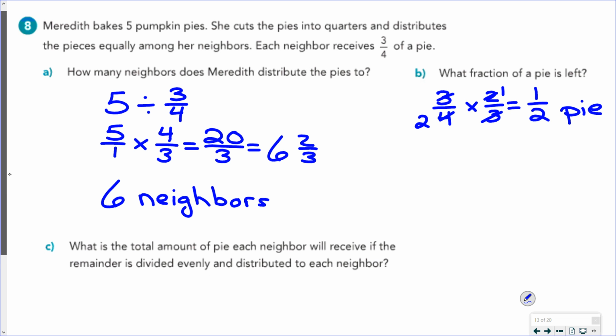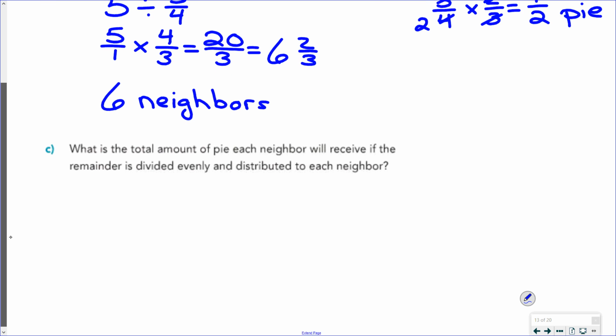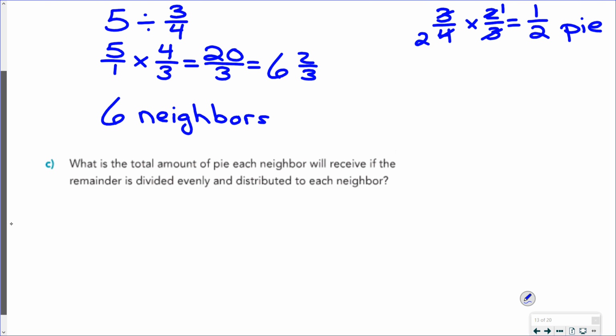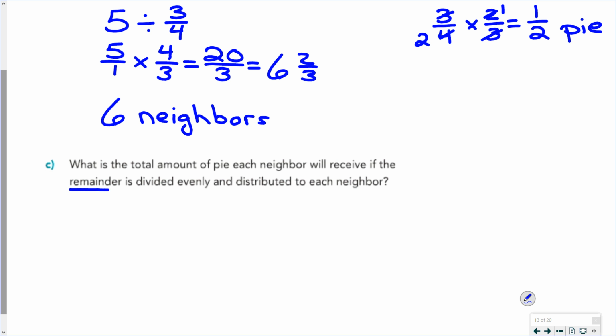And then I need to scroll down once again to answer part C. What is the total amount of pie each neighbor will receive if the remainder, so our remainder is 1/2, is divided evenly? That means we're going to give it to all the neighbors. So that'd be 1/2 times 1/6, which is 1/12.